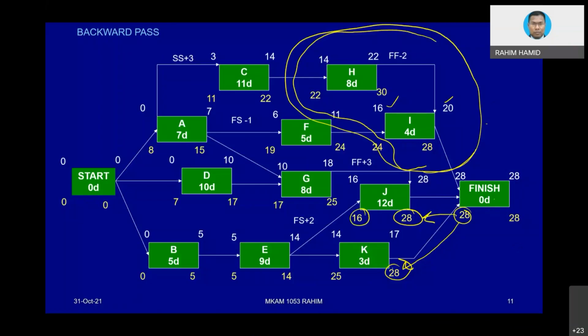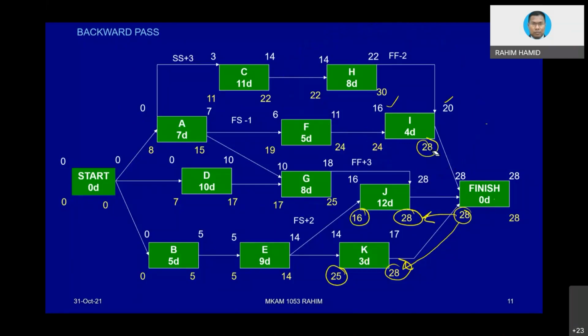Similarly, 28 minus 3, you get 25. And for I, 28 minus 4, you get 24. But then, there is an issue. Let's say our focus is basically I. So I is the focus here.